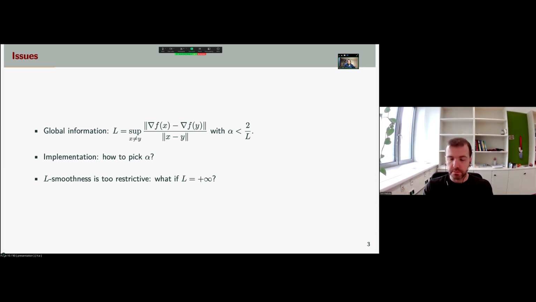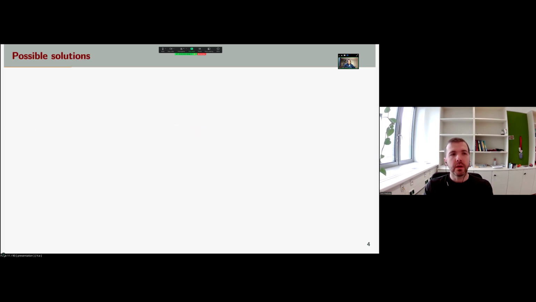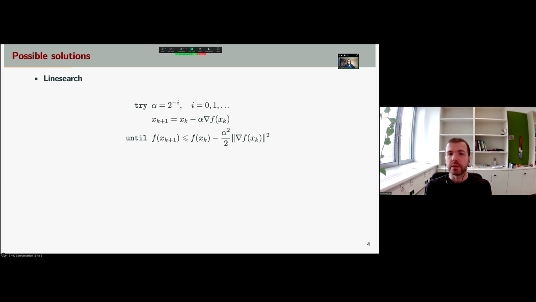And definitely there are some solutions for how to tackle this issue. One, and probably the best and most universal one, would be line search. So let's say you have no idea which step size to take. Then start from some step size and do your gradient descent. I'm showing it here for gradient descent, but more or less the same can be said about acceleration.